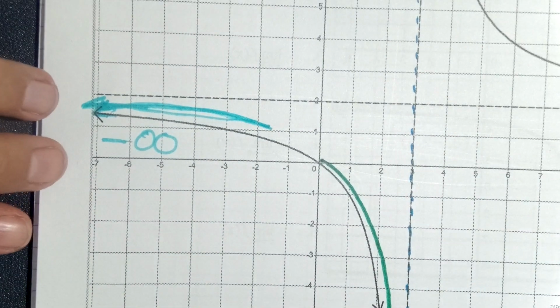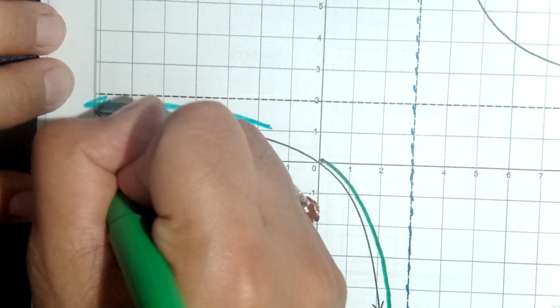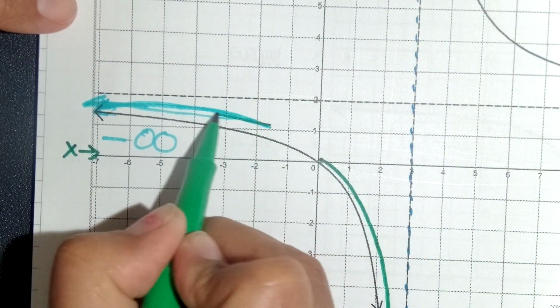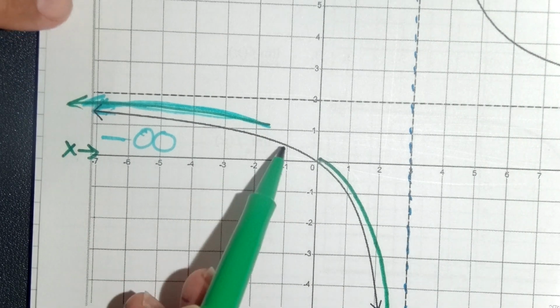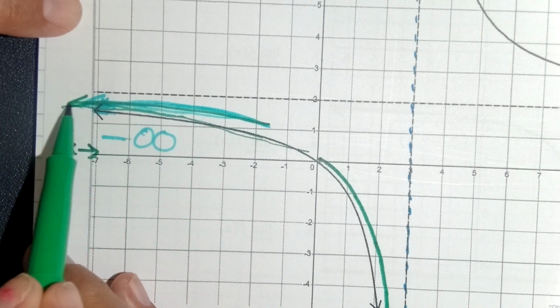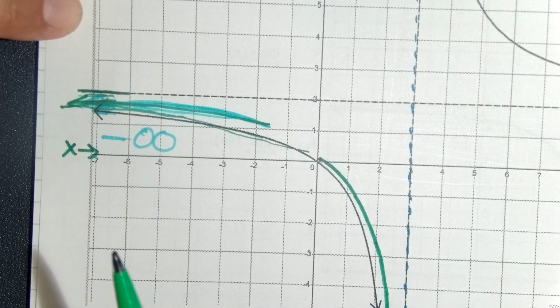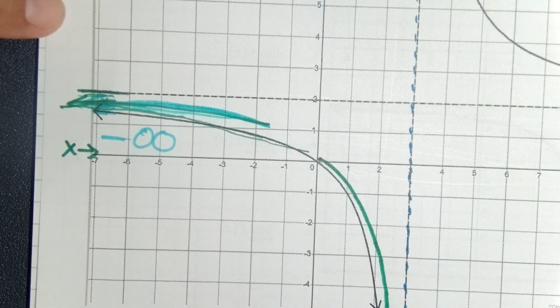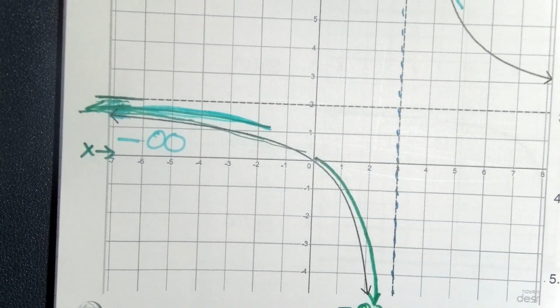The question was asking me to find the value as x approaches negative infinity. Negative infinity is to the left, correct? So you're looking to see where it's going to get closer and closer to, but never touch. And that value is 3. Okay? Do we see that now? Are we sure? Okay. Mel?